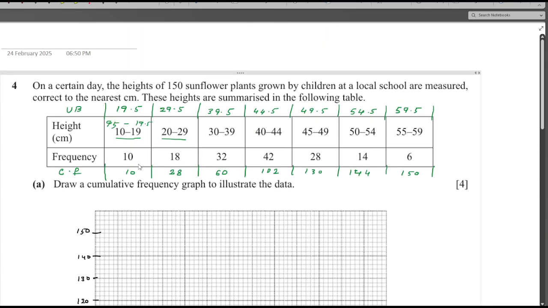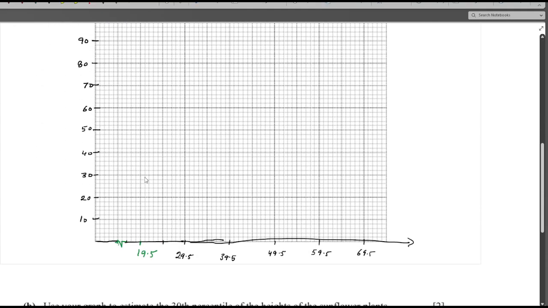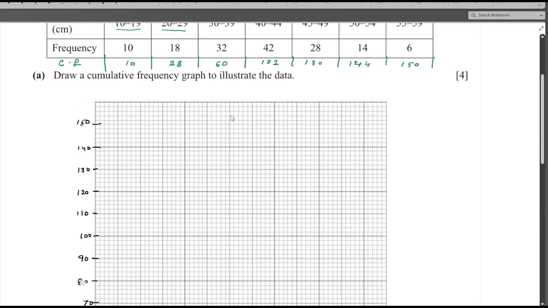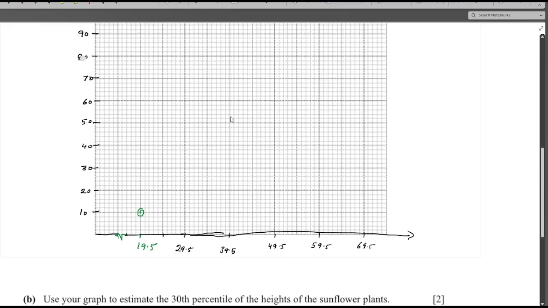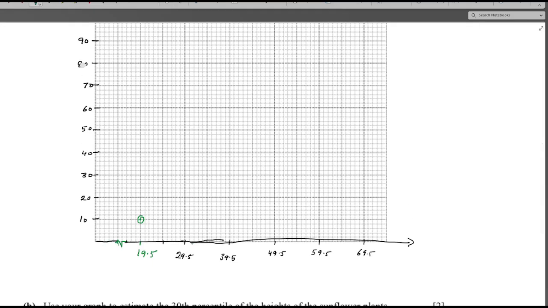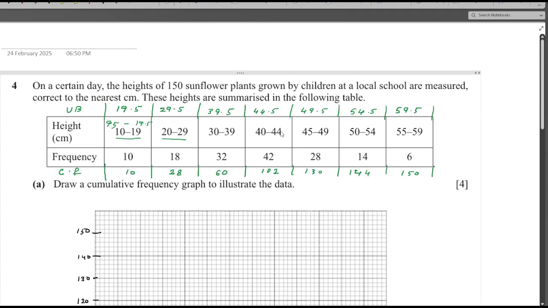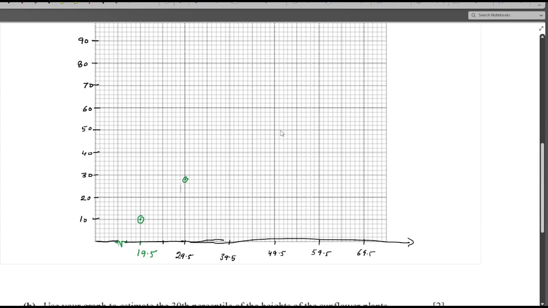Now for 19.5, the value is 10, so I will begin a point from here. Then for 29.5, it is 28, so 28 is somewhere here. Then 60 for 39.5.